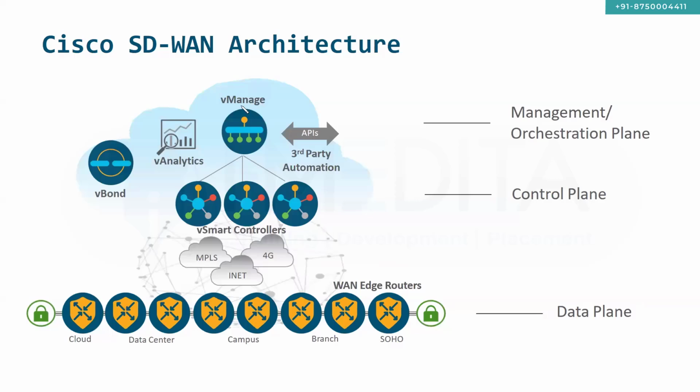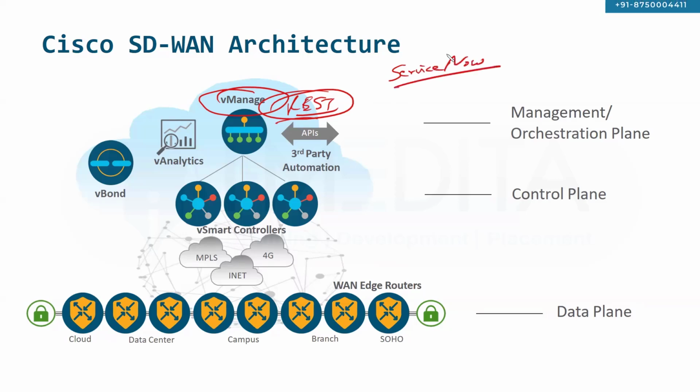Now, one more thing that you need to understand is that vManage also supports APIs. It supports REST API so that you can perform third-party automation. I'll give you one example. Let's say you have ServiceNow, which you are using for ticketing purposes.